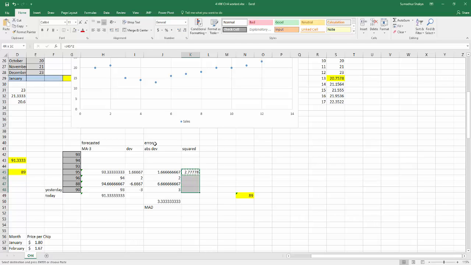If you copy this down up until this point and do the same thing again, equals the average of these numbers, that gives you the mean of the squared errors. Now just to give you a feeling, let me see in the PowerPoint.